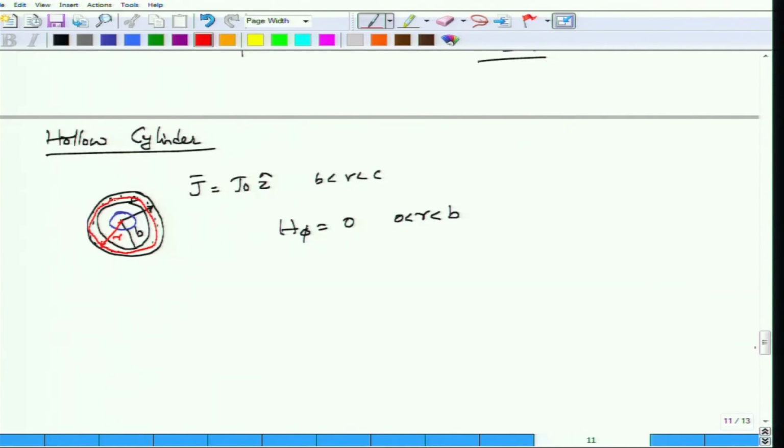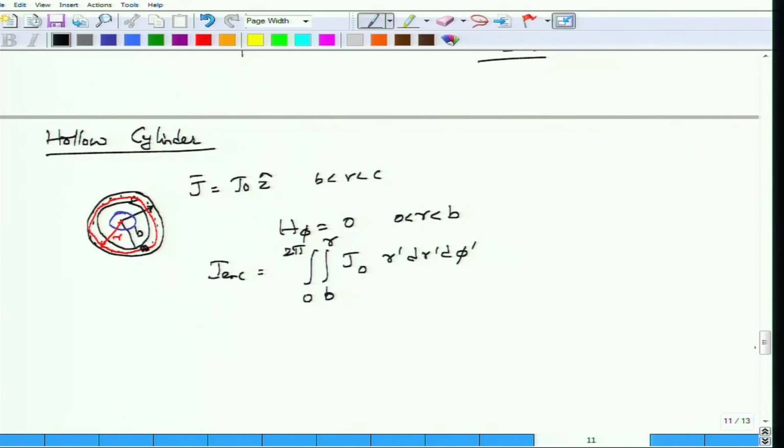What would be the amount of current enclosed here? Well, to find the current enclosed you need to find out the integral of J. So the surface element will again be r prime dr prime d phi prime. Over that surface, J is constant, given by J0, and the appropriate integration limits are 0 to 2 pi for phi and b to r for r.